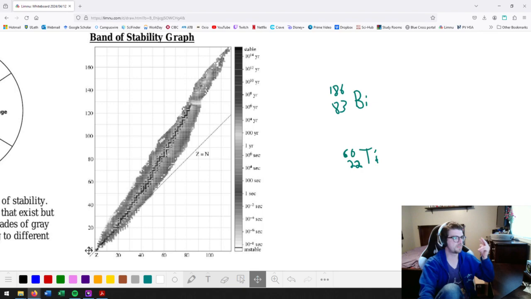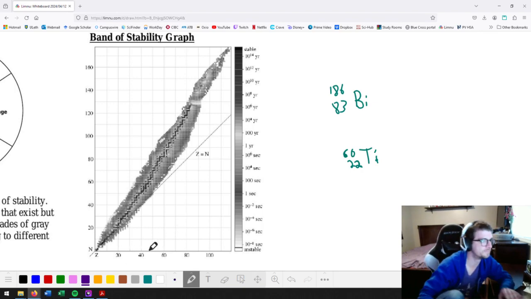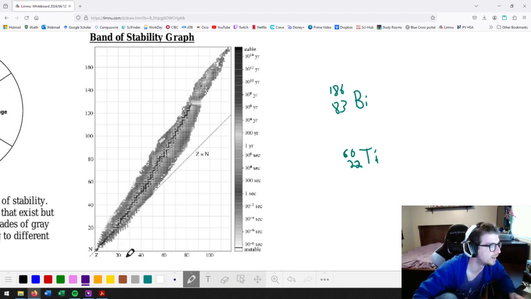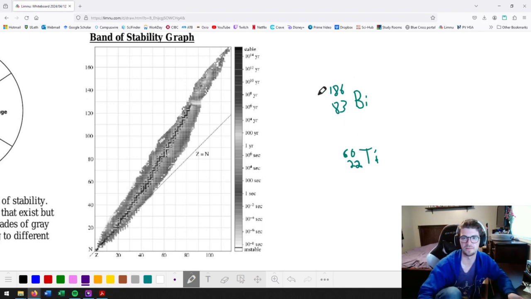So the band of stability is saying, with this proportion of protons and neutrons, you can generally expect a nucleus to be stable along this band. And if it is outside of the band of stability, then it is going to undergo some spontaneous decay, a radioactive decay of some sort, in order to get to the band of stability. So let's actually take these examples, and we'll just see where they fall on this graph. If we had something that is atomic number 83, so it's about here, and neutrons was 103, which is right about there.